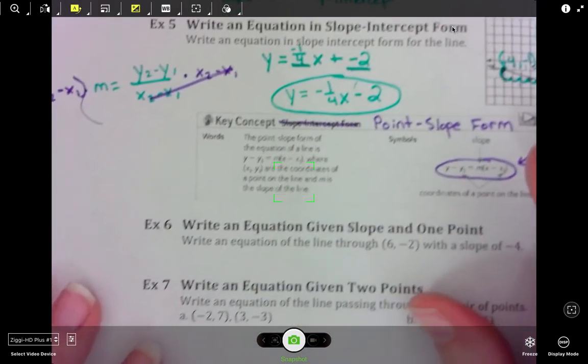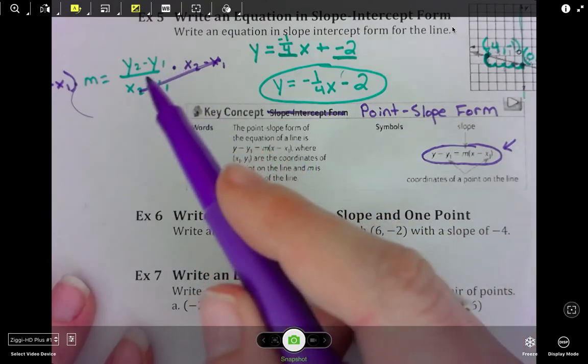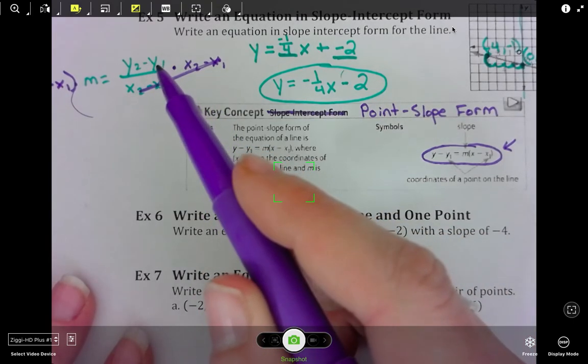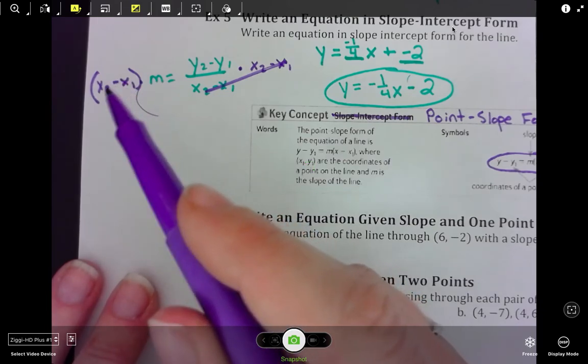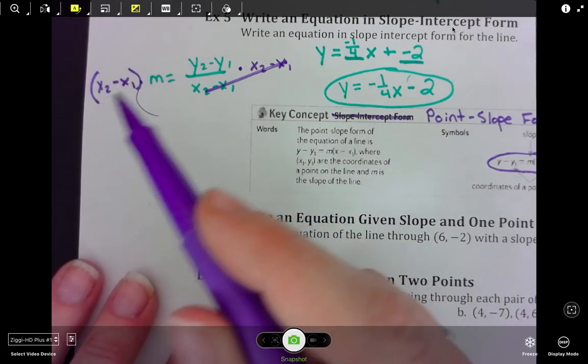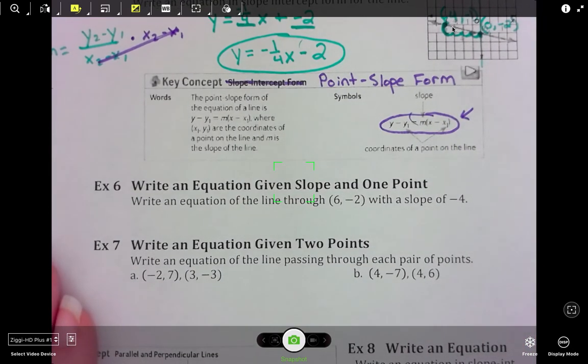So the equation is y minus y1, or y2 minus y1, which are kind of the same thing, equals m times x minus x1, or x2 minus x1. So that's where the point slope formula comes from.